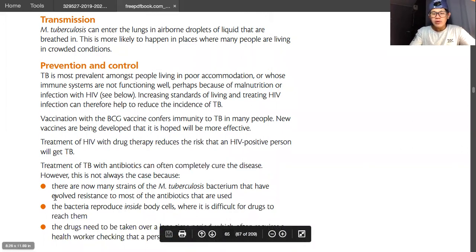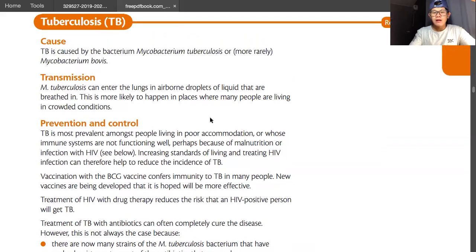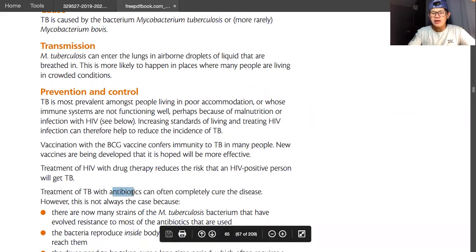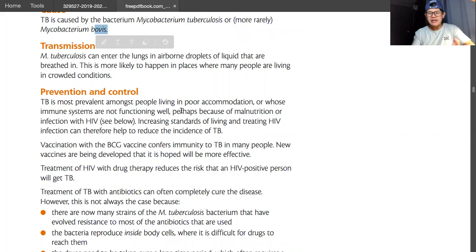Okay, why? Because number one, there are now many strains of M. tuberculosis. So as you can see here, TB is just one. You also have Mycobacterium bovis as well. Okay, so they actually have different species as well. And this one antibiotic that works for tuberculosis might not work with bovis, right? So it's not always the case that this antibiotic will cure everything.